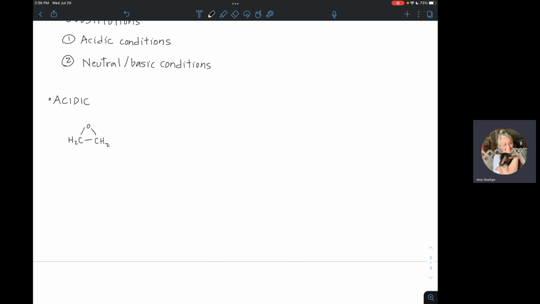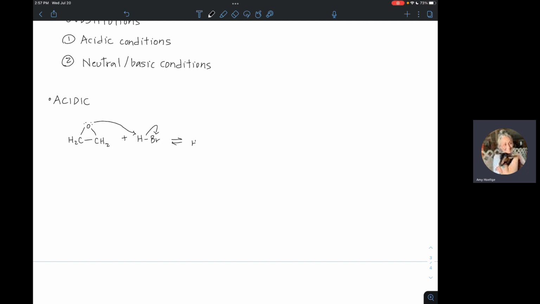We'll start off with just a simple epoxide, and we're going to use the lone pairs of electrons on the oxygen to protonate the oxygen. I'm going to attack that acidic hydrogen, dump electrons onto the bromine to create bromide.